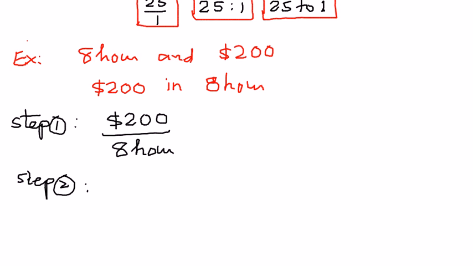Let's write those numbers down. 200 divided by 8, and 200 we can write as 2 times 100, and then 2 times 4, which is 8, in the denominator. As long as we have similar numbers in the numerator and denominator, they cancel out, leaving us with 100 over 4.